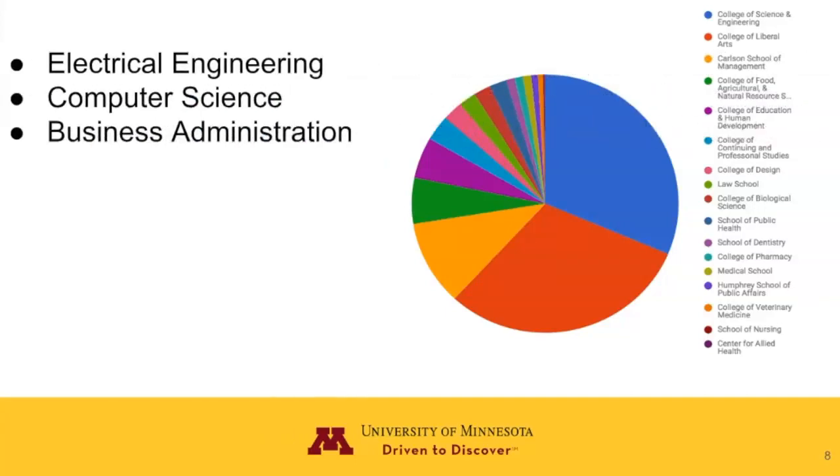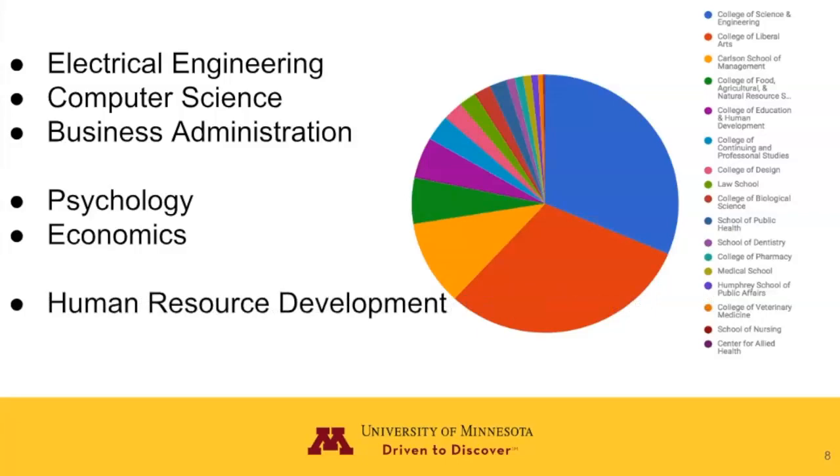But you may be surprised to learn that international students are also deeply knowledgeable about the social sciences. Approximately 200 are psychology majors, and approximately 500 are economics majors. Some majors have required internships or field experiences like human resource development and child psychology.